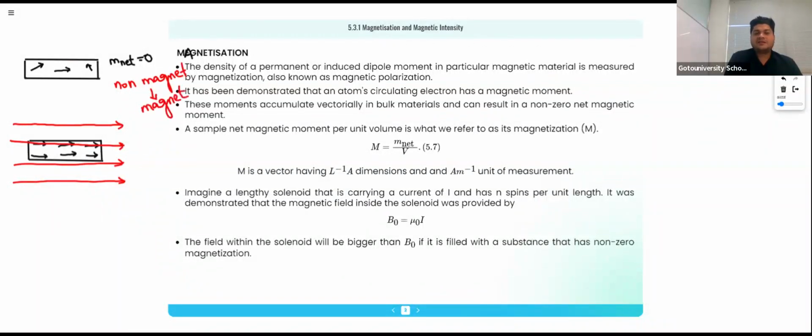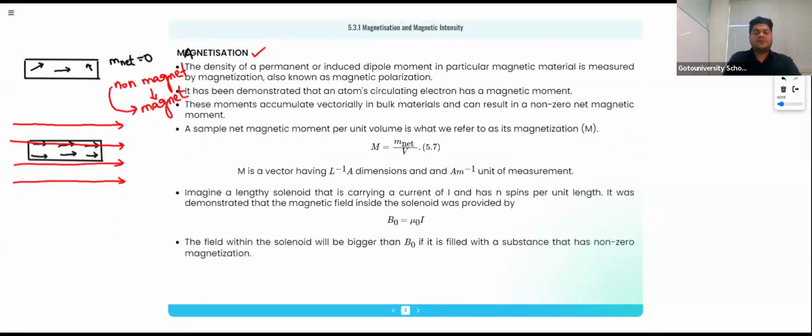When your non-magnet is converted into a magnet, that process is known as magnetization. And the external magnetic field which you were using for converting this non-magnet into a magnet is known as magnetic intensity.